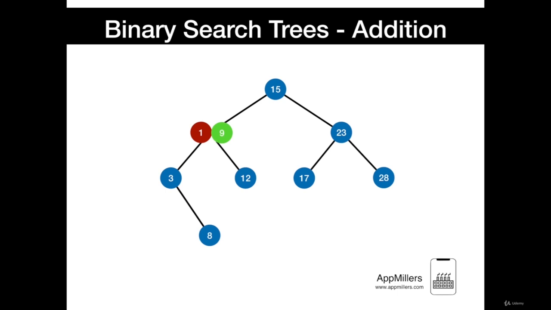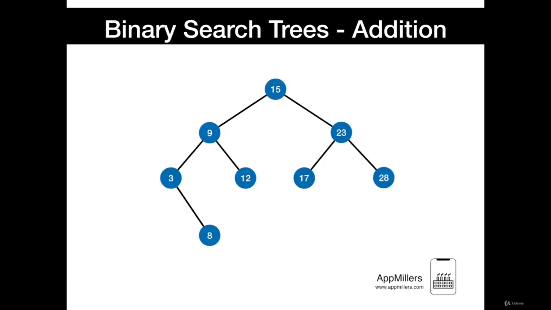Then we compare 1 with 9, and 1 is less than 9, so it continues to the left. Again, we compare 1 with 3, and 1 is less than 3, so it will proceed left once more. But since there is no node to compare here, 1 is added as a new node, the left child of the 3 node. So the addition of 1 is now complete.